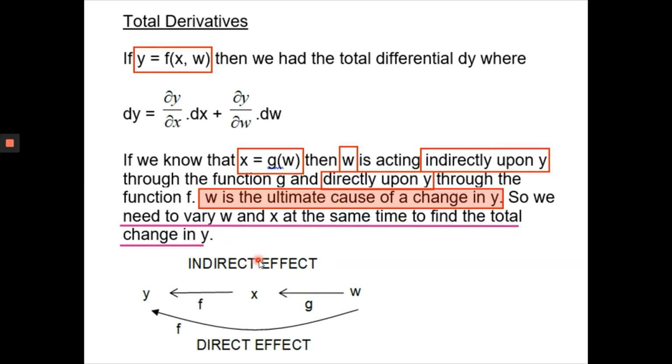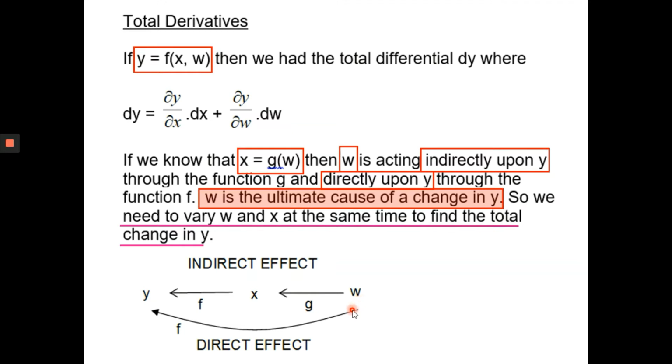We can set all of this out in a channel map, which is this figure here. And as stated above, in this model, the ultimate source of a change in y is w.